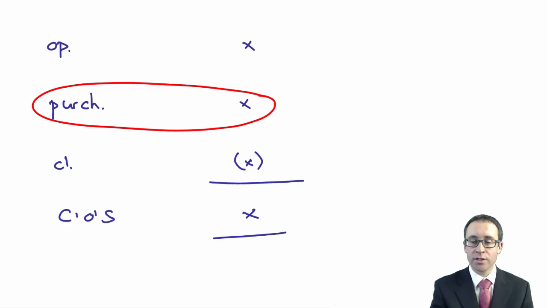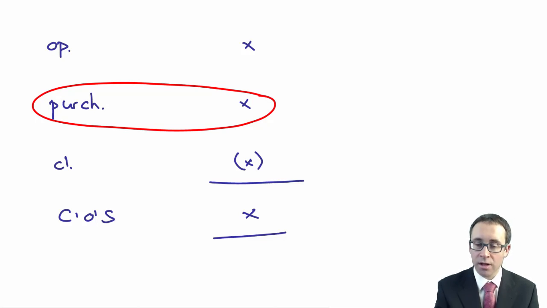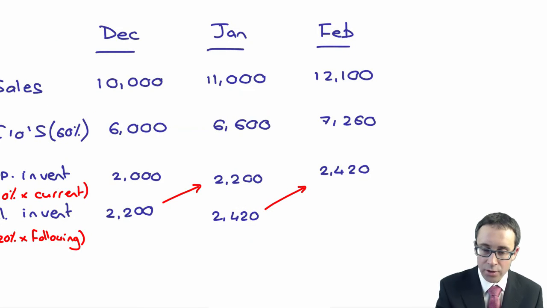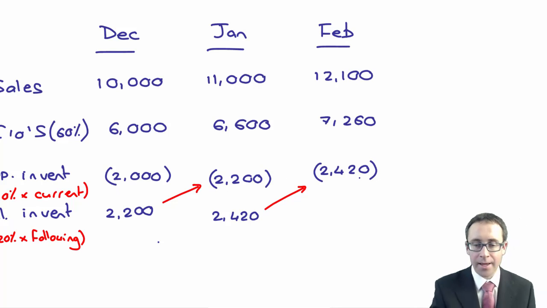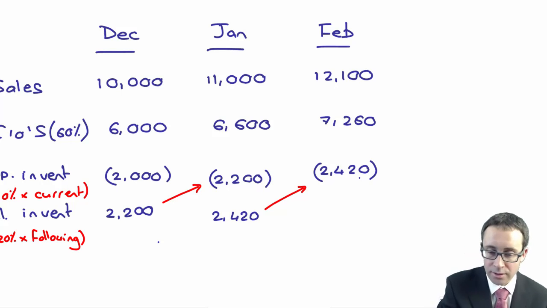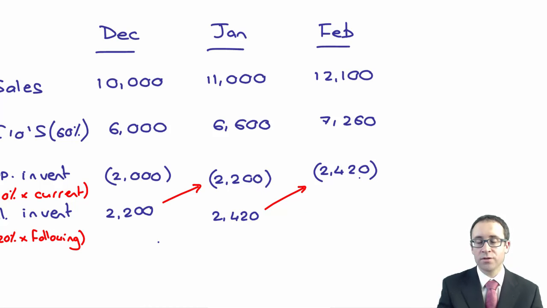So to work out your purchases, you're going to have to add your closing inventory to cost of sales, aren't we? And deduct your opening inventory. Okay, excellent. So purchases is cost of sales plus closing less opening, isn't it?